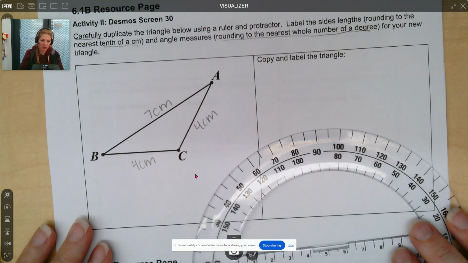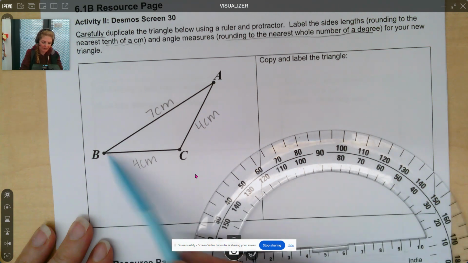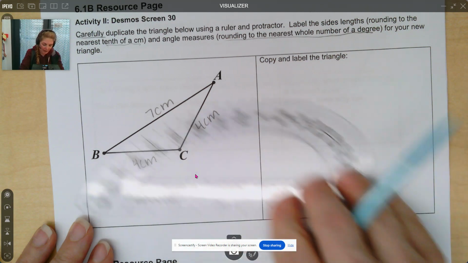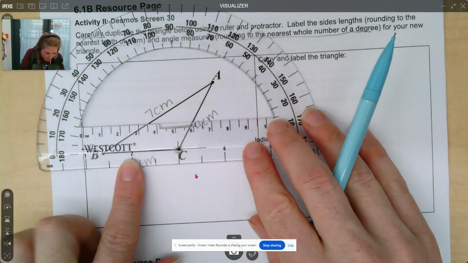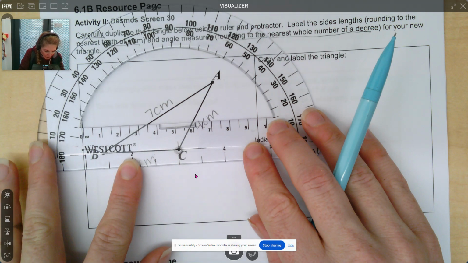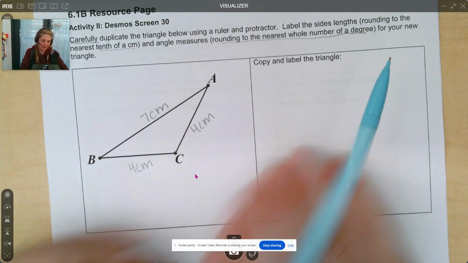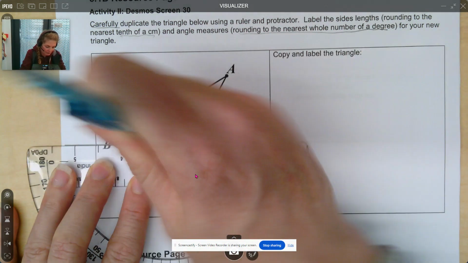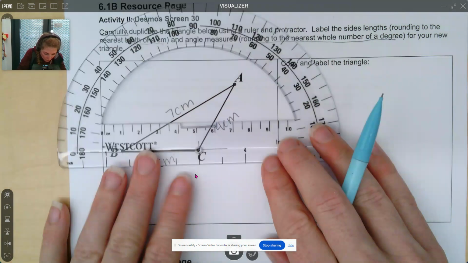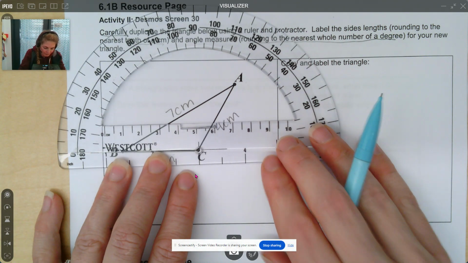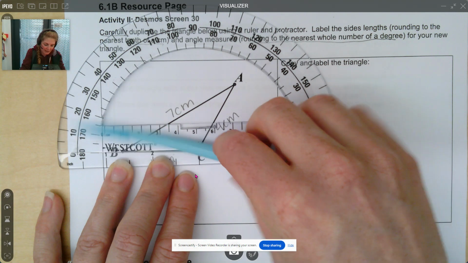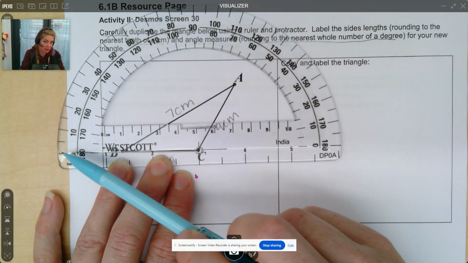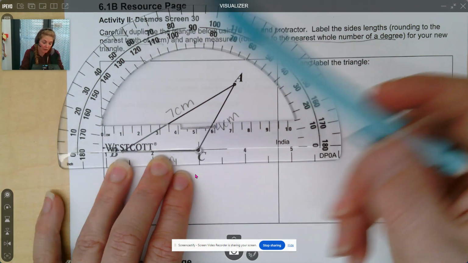Now we want to measure the angle. If I measure angle BCA, the included angle between our congruent angles, I'm going to line up my protractor. It's hard to line it up perfectly, so I'm going to extend this side length out so I can make sure I'm on the 0. Then measuring from BC all the way to CA, I'm using those outside numbers because that's where it starts at 0, and we measure things from 0, not from 180.